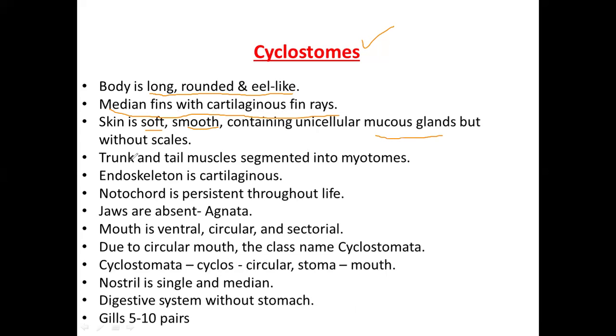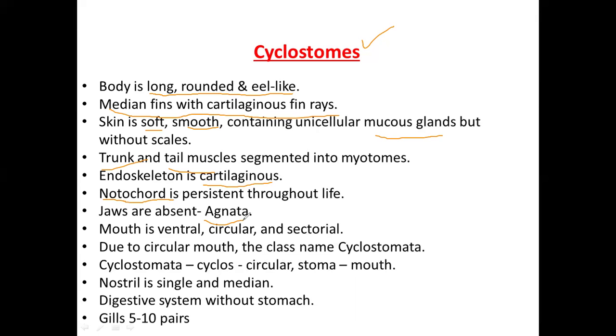And the trunk and tail muscles are segmented into myotomes, and the endoskeleton is cartilaginous. They have a notochord, which is persistent throughout their life. All the cyclostomes are agnathans, that is, they have no jaws.